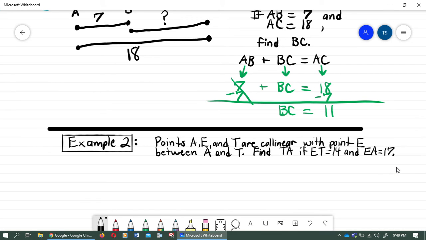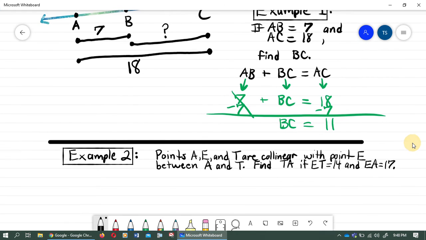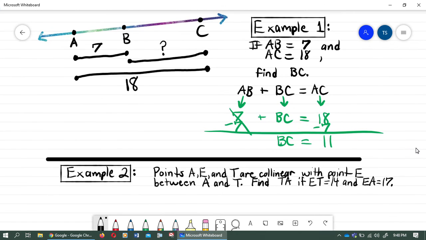Some of you guys might be saying, Mr. Starkey, what in the world is going on here? Why are they asking us to find something? They didn't even give us a diagram. They didn't give us a line segment to look at. You're absolutely right, folks.